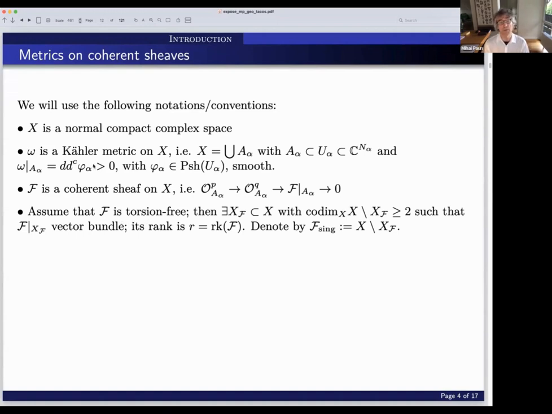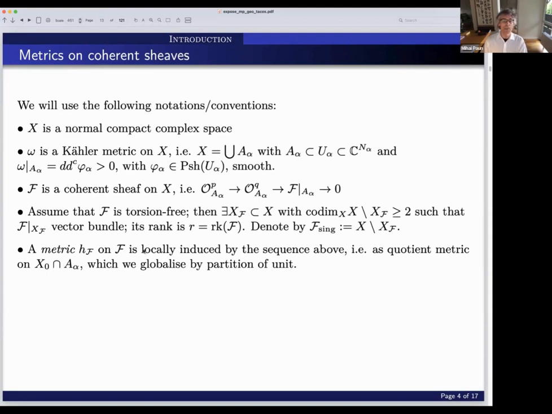So even if X has singularities, but is nevertheless normal, there exists some small subset inside X, so that X_F is big, the codimension of the complement is at least 2, such that the restriction of F to this big open subset is a vector bundle. Let's call R the rank of F. So this complement here would be simply the F singular set.